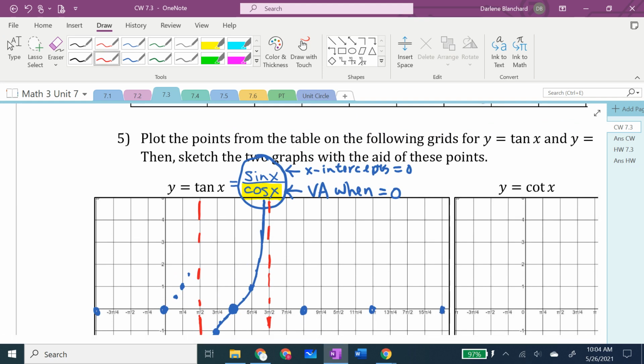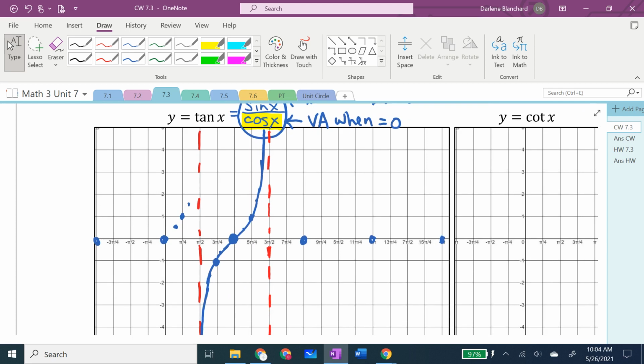Cosine is 0 at all of the pi over 2's. So 1 pi over 2, 3 pi over 2, 5 pi over 2, 7 pi over 2, negative pi over 2, and then it goes off grid.